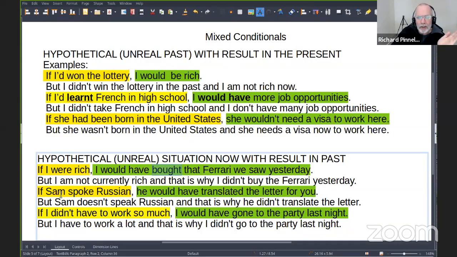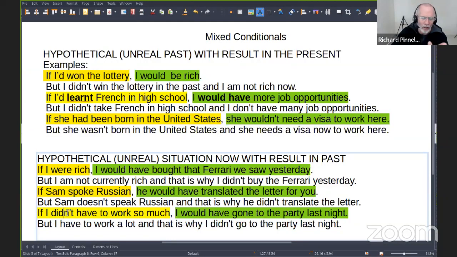If Sam spoke Russian now, he would have translated that letter for you in the past. Sam doesn't speak Russian, and that's why he didn't translate the letter.